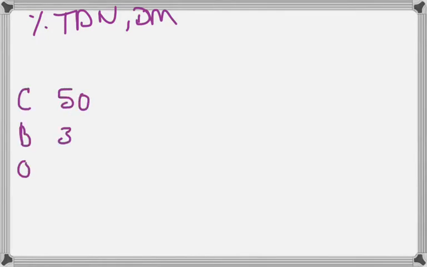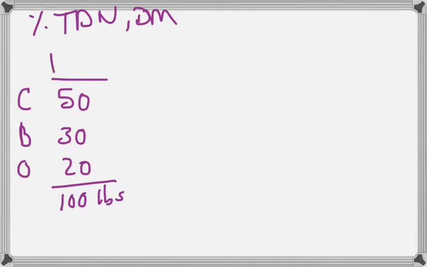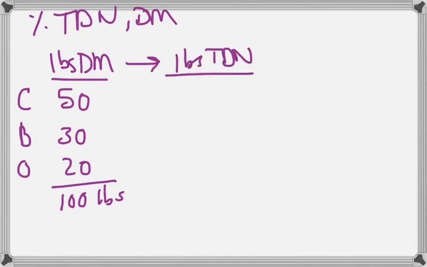The second task that we had to do was to actually solve for the percent TDN of these three feeds. And we wanted the TDN on a dry matter basis. So we have corn, barley, and oats. We have 50, 30, and 20. If we could think about this as pounds of dry matter, we want to know how many pounds of TDN is in this.